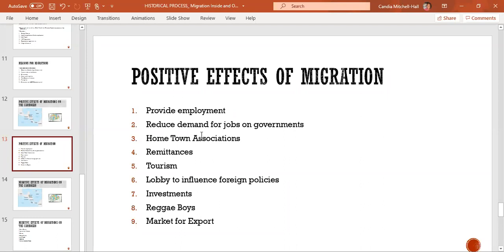And so everywhere people go, they are going to form associations. And those associations are very helpful, especially when it comes to the school. When I was going to Jamaica College, I received scholarships from the Old Boys Association in Atlanta and Florida.